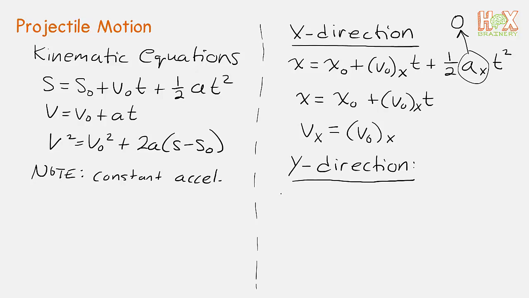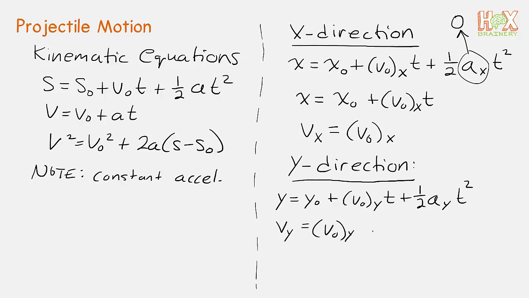So for the first equation, we're going to have y equals y naught plus the initial velocity in the y direction times t plus 1/2 the acceleration in the y direction times t squared. From the second kinematic equation, we're going to get that the final velocity in the y direction is equal to the initial velocity in the y direction plus the acceleration in the y direction times t.